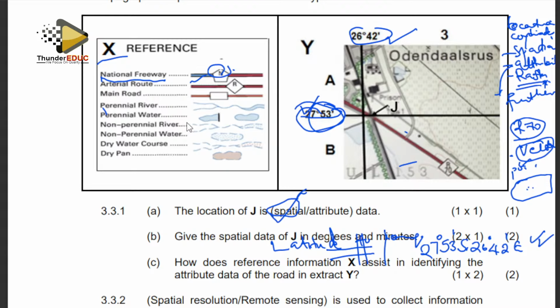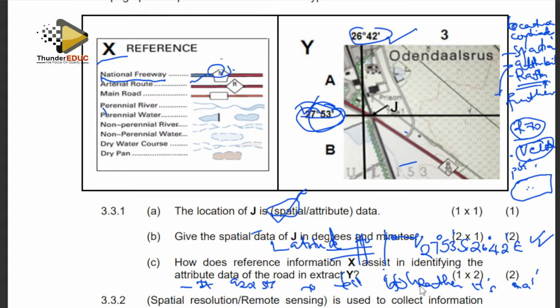So how does it assist? It only assists you to tell or to say that this type of a road is maybe a national road or an arterial route. So it assists to tell whether it is a national road or arterial road.